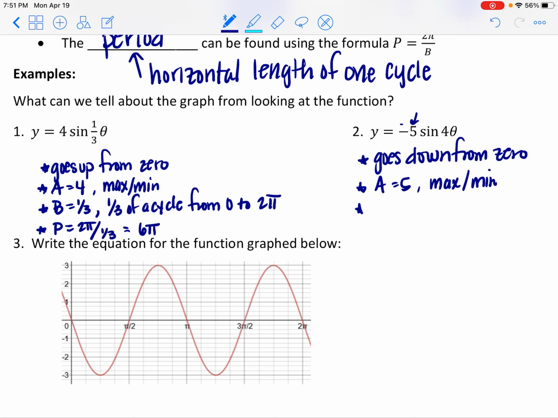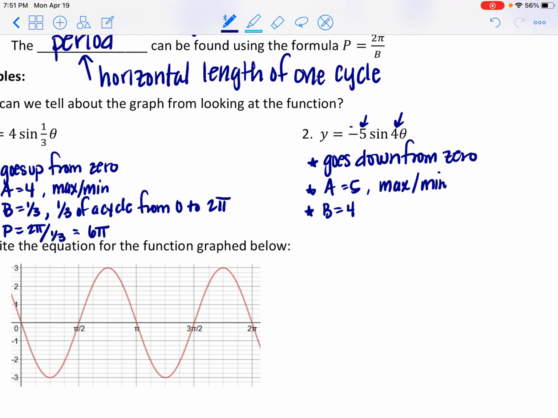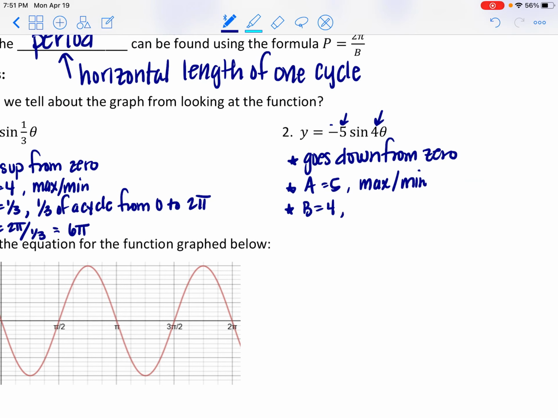And then B in this one is going to be 4. And so if B is 4, that means there'd be 4 cycles squeezed in there from 0 to 2 pi. So 4 cycles from 0 to 2 pi. Okay, and then the period, if I fit 4 cycles in there from 0 to 2 pi, how long would it take for one of those cycles to happen?